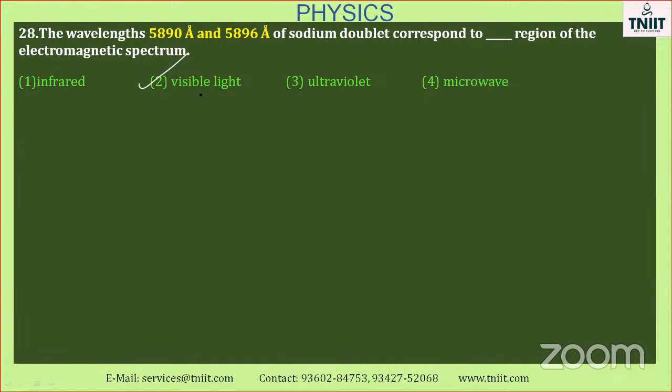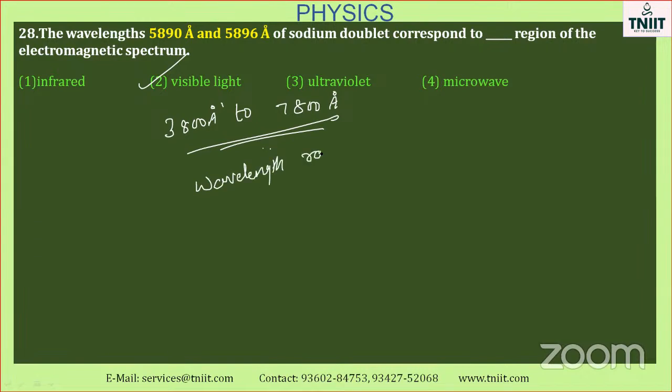So the visible region lies between actually 3800 angstrom to 7800 angstrom. This is the wavelength range in visible. So it belongs to visible.